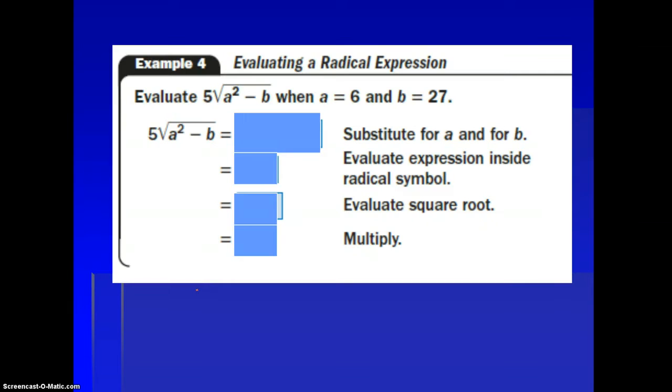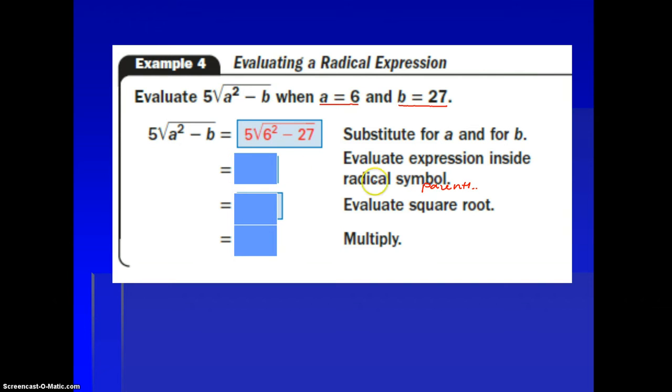The last thing we're going to do is evaluate a radical expression. This is a radical expression. It does look a little crazy, but once you put in the letters, the variables, you substitute 6 for A and B is 27. We're going to simplify the square root first. You have to think of the radical symbol as like your parentheses.